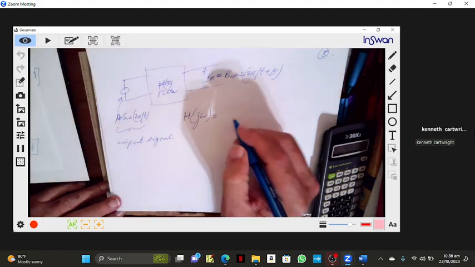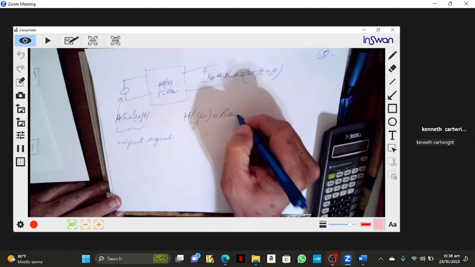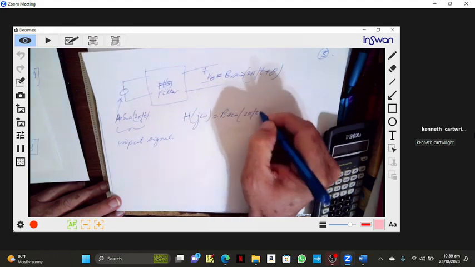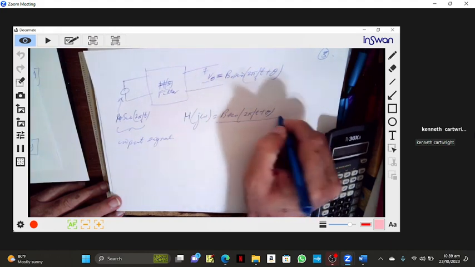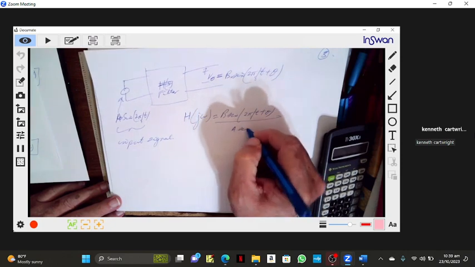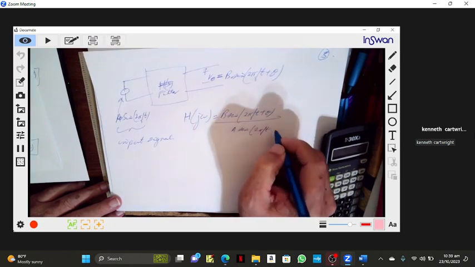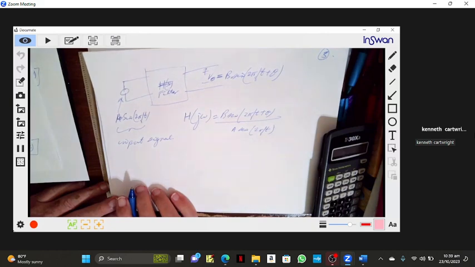You're telling me this is B sine 2 pi f t plus theta over A sine 2 pi f t? Is that what you're telling me? Because that's what I'm hearing you telling me.